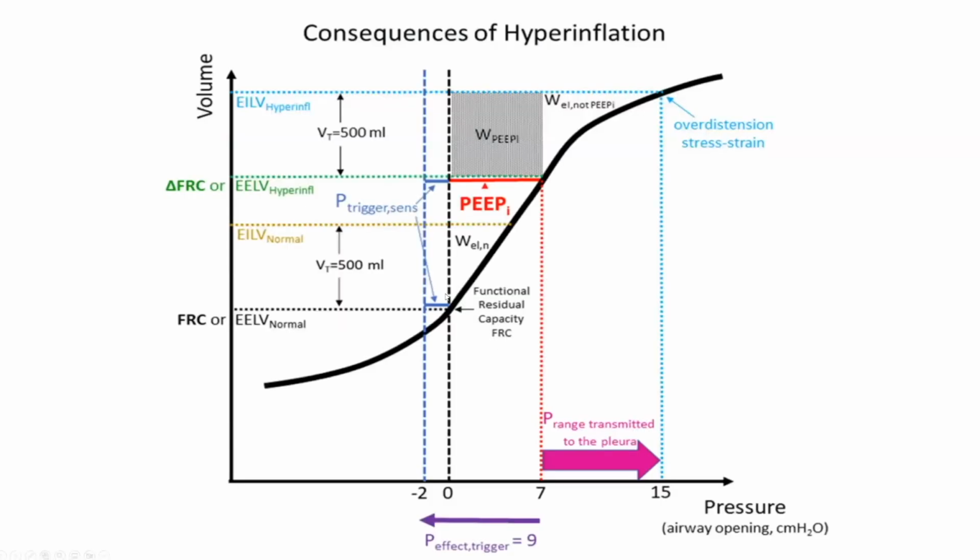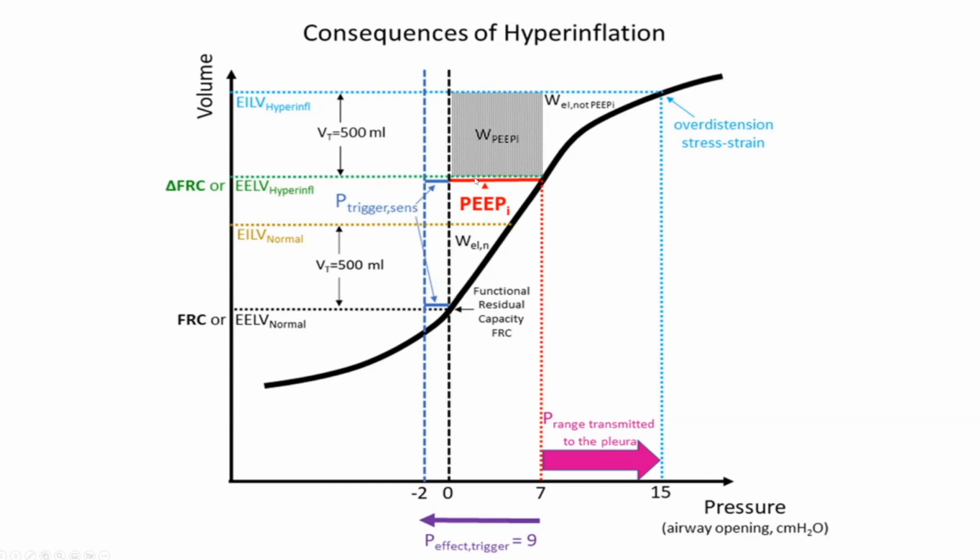If we go back to this pressure volume curve, at the end of a normal tidal breath, this is a normal end inspiratory lung volume, and this triangular area corresponds to the elastic work of breathing for a patient to take in a tidal volume of 500 mLs from a normal FRC.